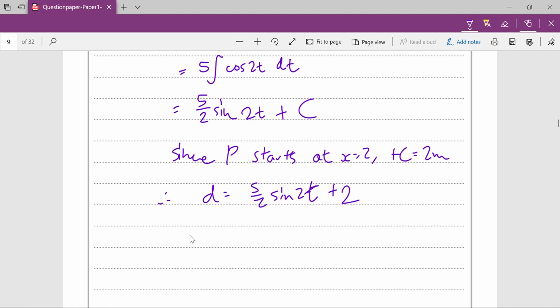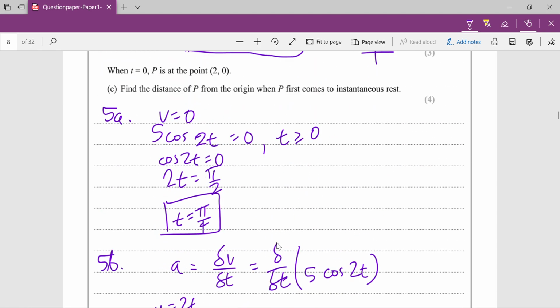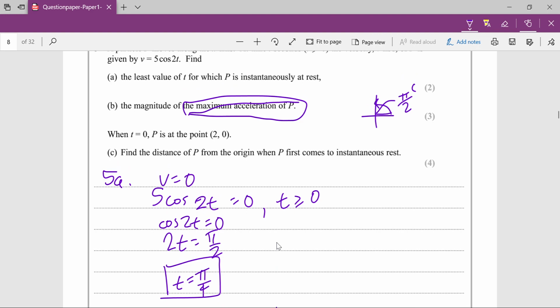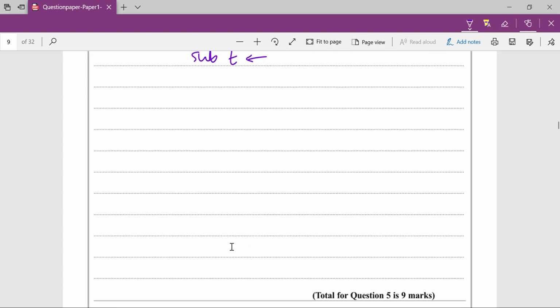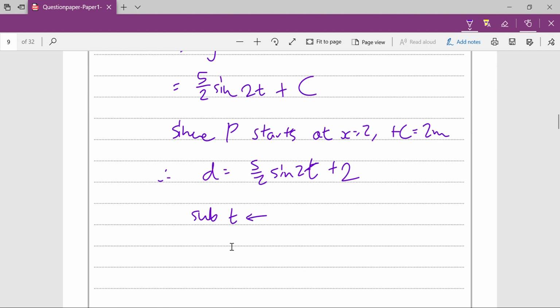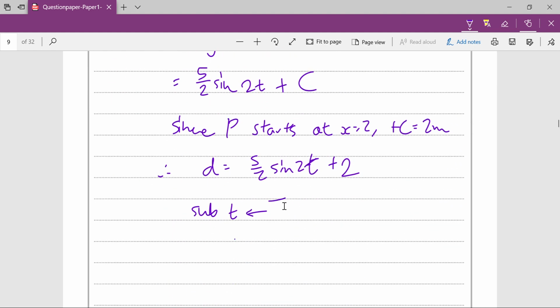And of course, if we substitute in the value of t, looking at our previous answer for the time at which P is instantaneously at rest, it's pi over 4 seconds.